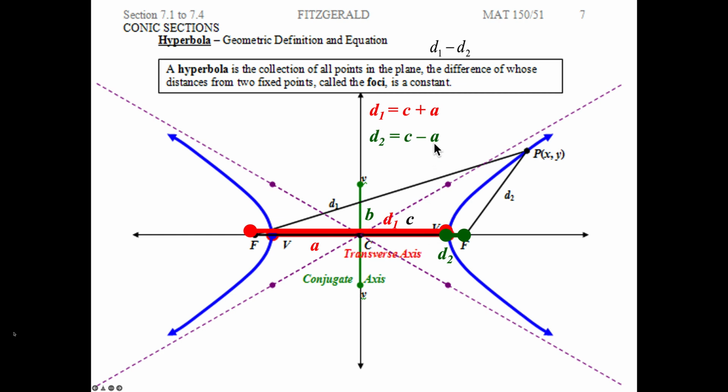Wait, check that, that was A minus C. This is now C minus A. But if we take D1, C plus A, minus, in parentheses, C minus A, that minus sign will distribute into the parentheses. It's getting late here. So that's minus C plus A. So again, your constant sum, your constant difference, are both 2A. Remember that. You're going to need it later on.